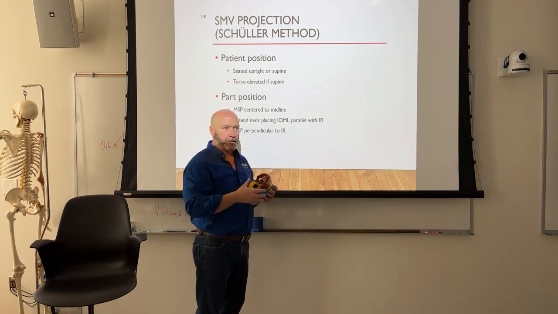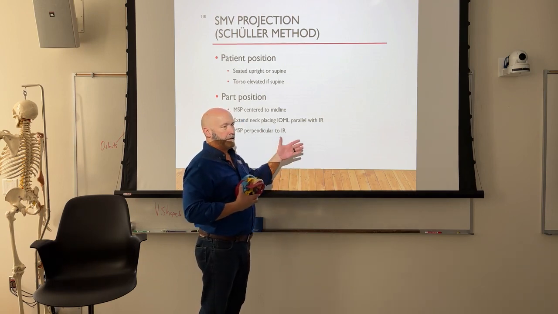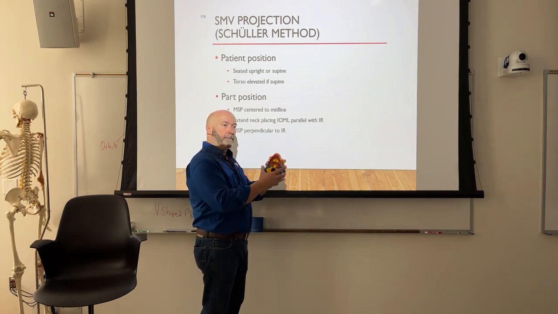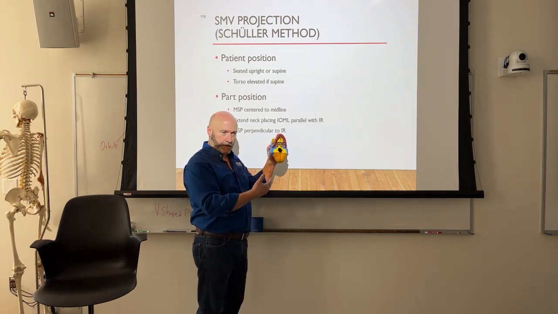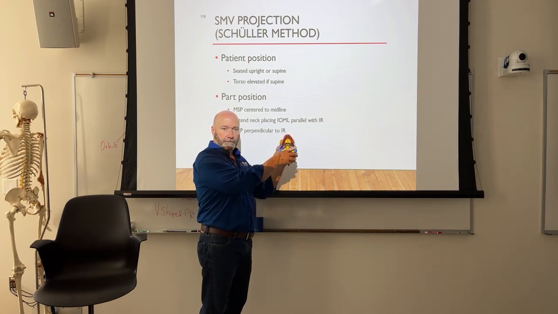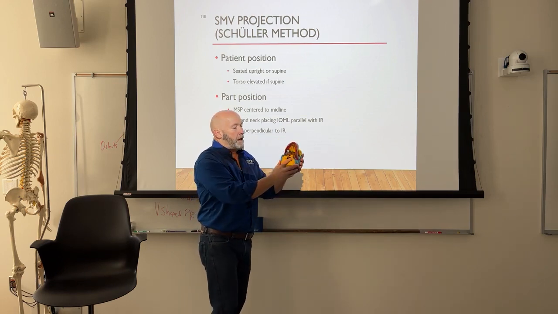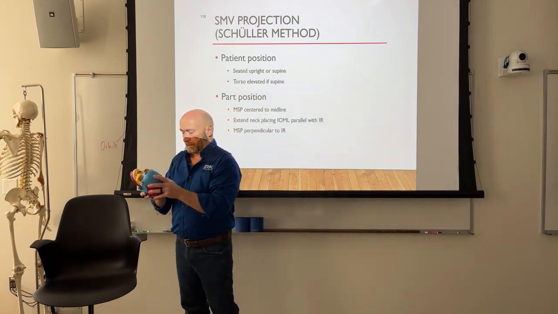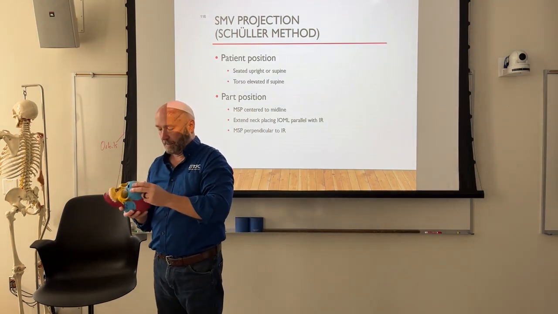If the patient can't do that, then angle the central ray perpendicular to the infraorbital meatal line, regardless of what that orientation is to the image receptor. Okay?